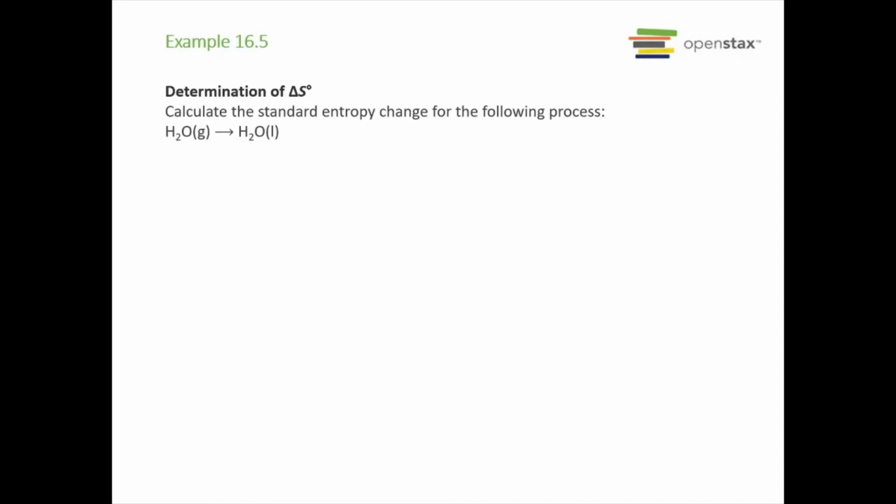So let's go ahead and do an example. We want to calculate the standard entropy change for the process of water going from a gas to a liquid. So we're going to look in our chart, and we find that delta S naught is equal to products minus reactants.